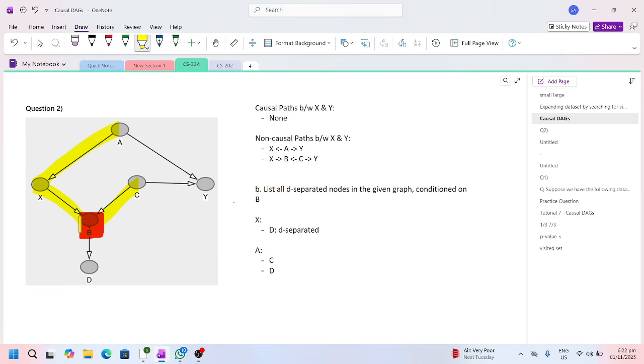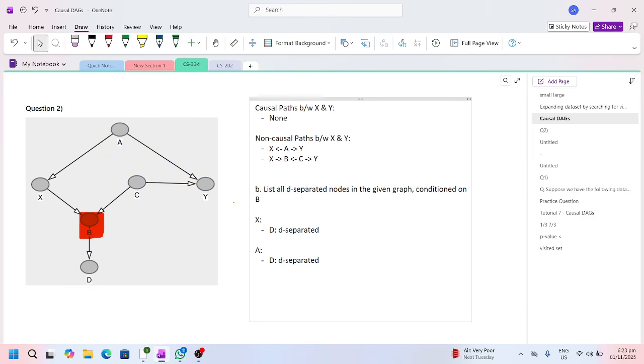Now this path has opened up, since you have conditioned on B, which means that A and C cannot be d-separated. Lastly, let's look at A and D. Between A and D, this was one of your paths which you have blocked, and the other path was this one, which was already blocked since Y was a collider. So A and D are in fact d-separated.